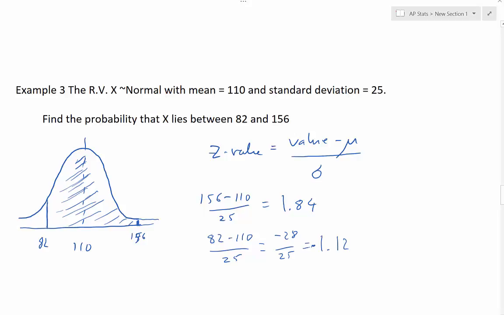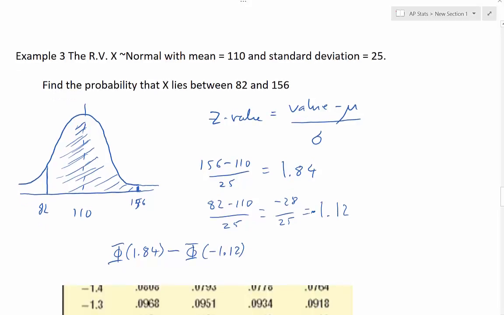So what we're really looking for is the area below 1.84 minus the area below minus 1.12.